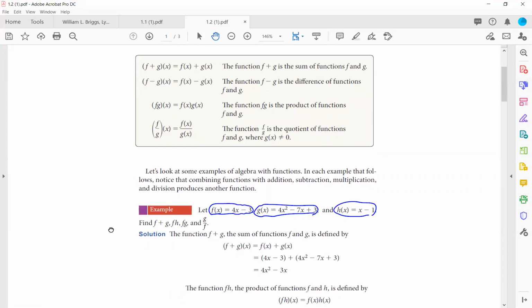The question says, find the addition between f and g, find the product between f and h, find the product between f and g, and finally find the quotient of g and f.